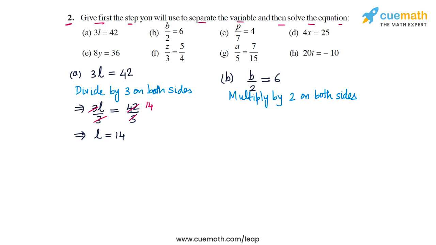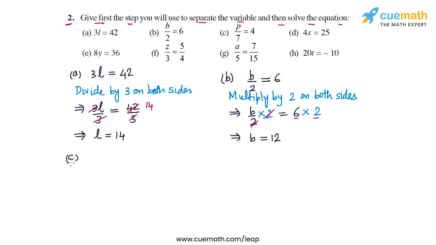Now the original LHS and RHS are B by 2 equal to 6. So we will multiply by 2 on both sides like this, and these 2's cancel out, and 6 into 2 is 12. So we get B is equal to 12. So the solution in part B is that B is equal to 12.